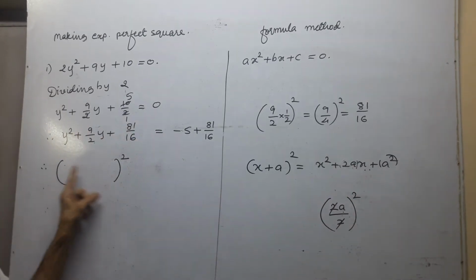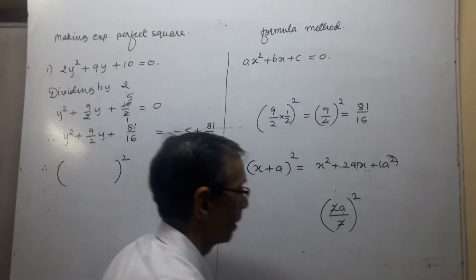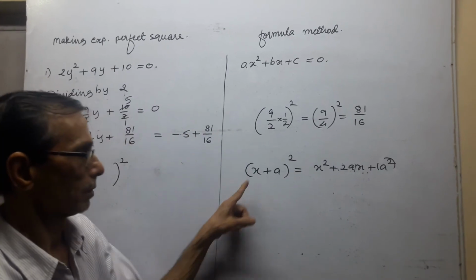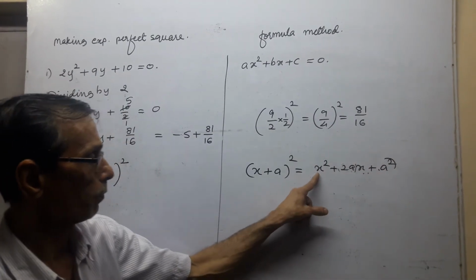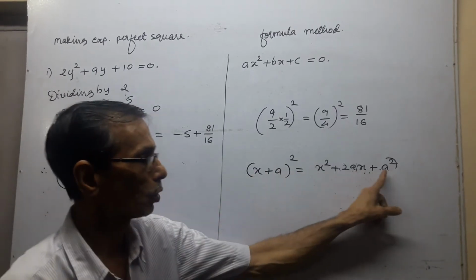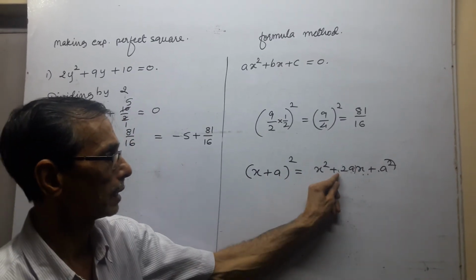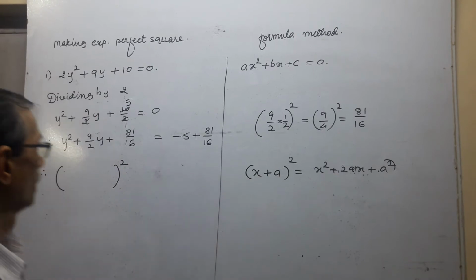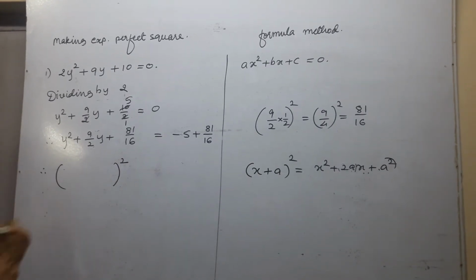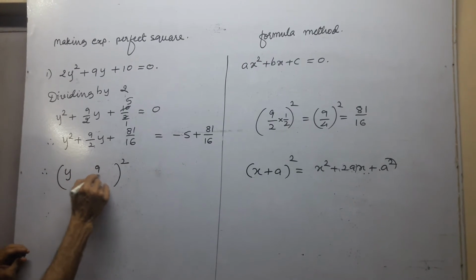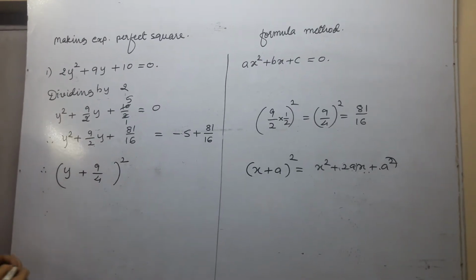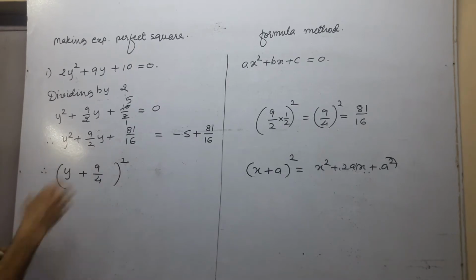So when you write the bracket, take the root of the first and third terms. The root of the first term is y, the root of the third term is 9 upon 4, and take the sign of the middle term, and that is bracket square.